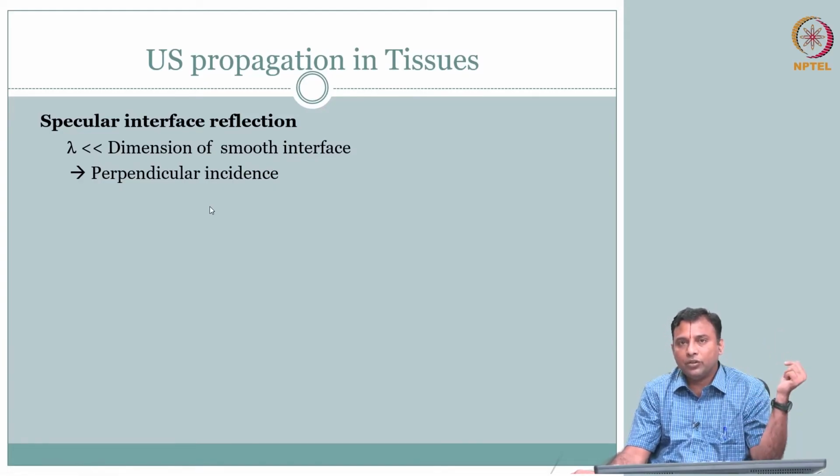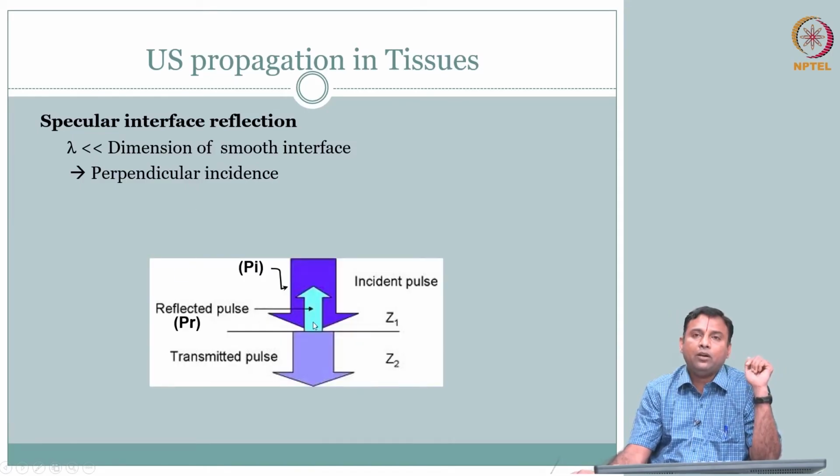So what happens if you have 90 degrees, perpendicular incidence, right? Perpendicular incidence is a simple case where you have a smooth interface, with Pi and Pr. What we had, the equation is in terms of theta, cos theta t, cos theta I. Here we have 0 degrees. So cos 0 will be 1.